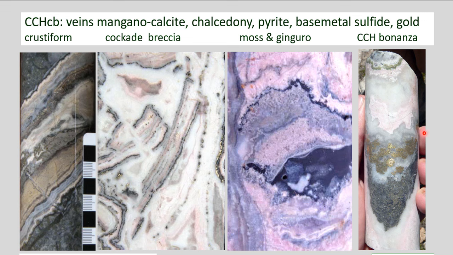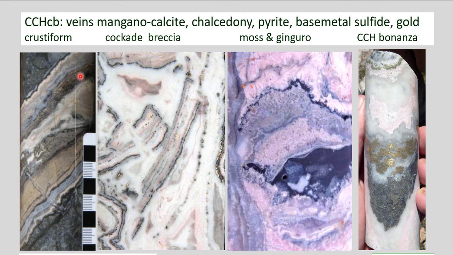So this is crustiform and coliform banding with white, partly crystallized chalcedony, pink manganocalcite that has moss texture in some places, and some bits of, I think in the left-hand one, sphalerite in the band.